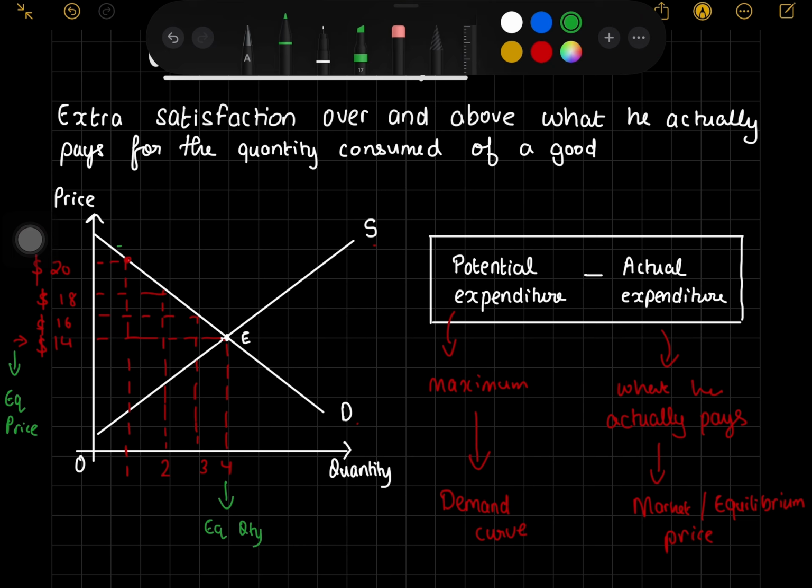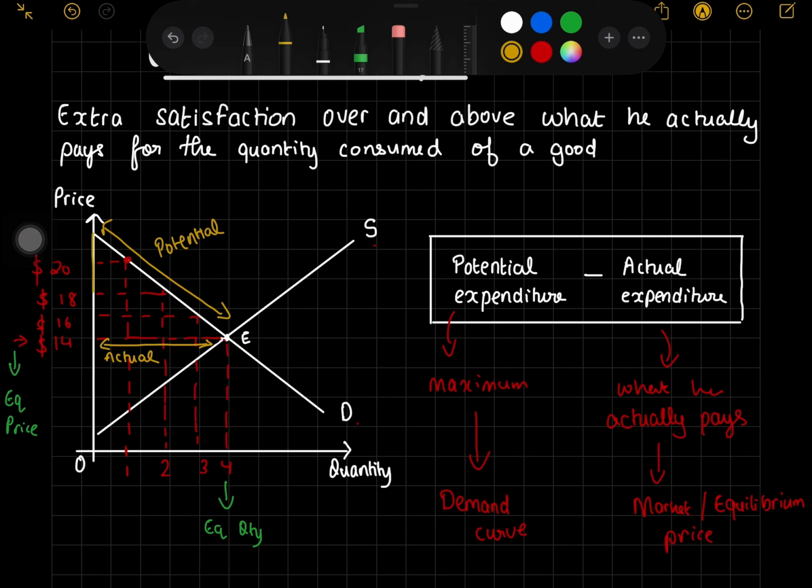This, let's use another color. This demand curve helps to show us our potential expenditure, while this shows us our actual expenditure. So what will be our consumer surplus?